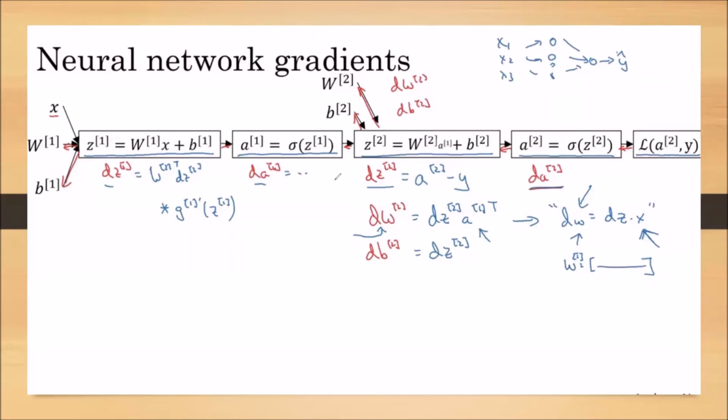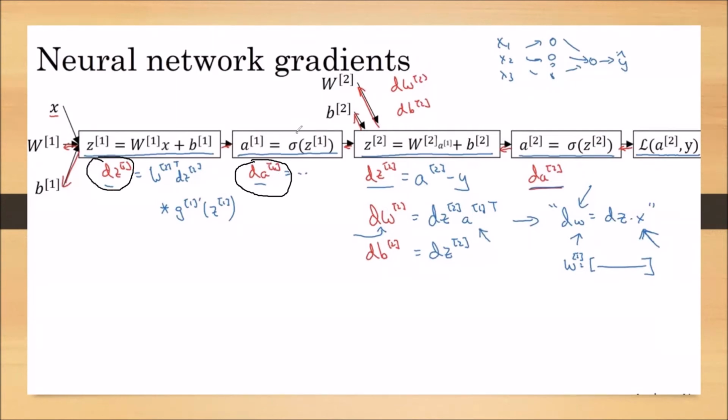But now I want to extend this to calculate the differentiation dA1. What is this dA1? Again, it is the differentiation with respect to the previous layer. So now I am calculating directly the dz1 instead of calculating dA1.